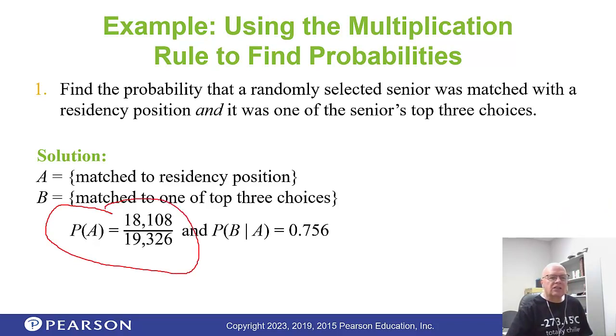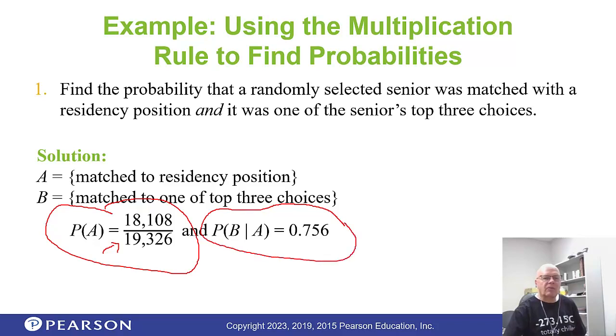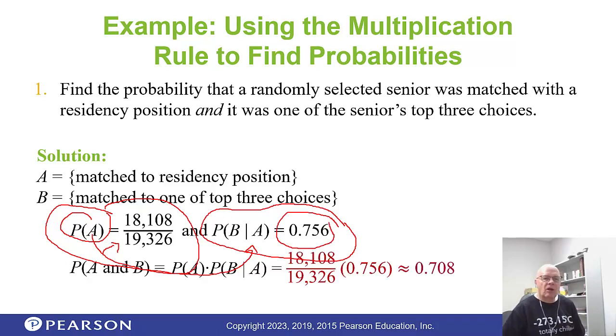That's 18,108 divided by all the medical students. And doing that, we get this probability. Also this probability: given that this happened, that's the A that we see right here. Given that that happened, what's the chance that they got one of their top 3 choices? That's what this says. So, all you need to do is multiply those two together.